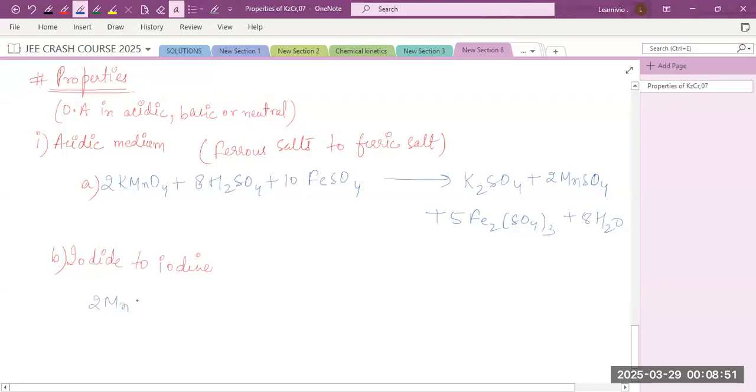Let's see the reaction. The iodide ion is converted into I2, iodine, and water will be liberated. Another example is oxalate to carbon dioxide.